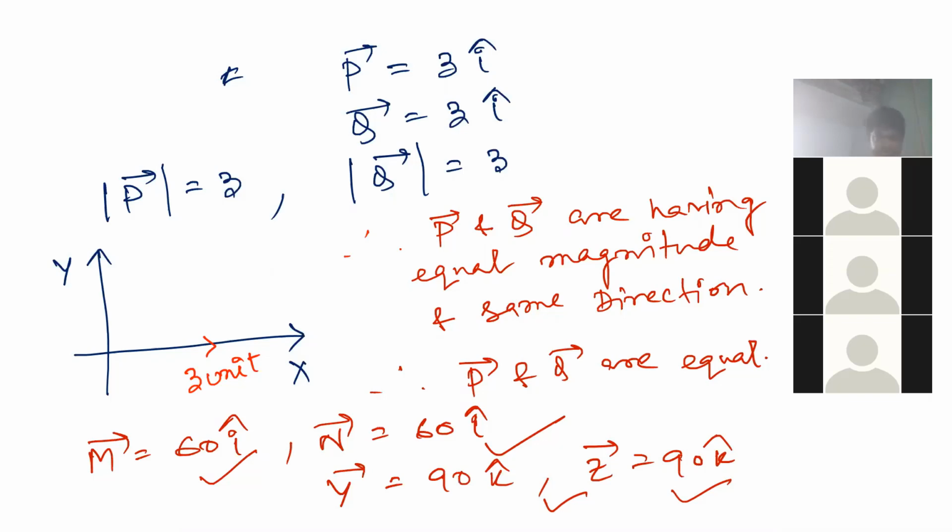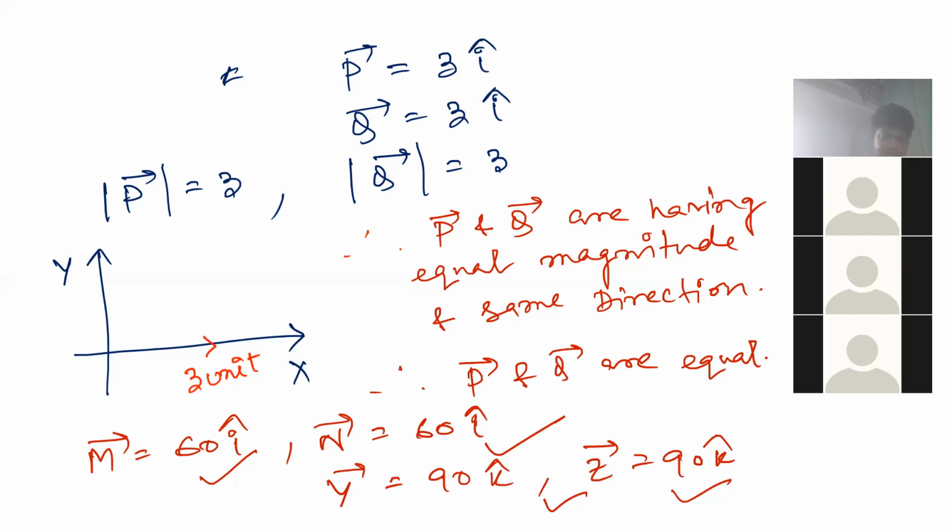Now we are moving to the next concept. I have already told you about the unit vectors, so I'm not repeating that portion, because you know what the unit vectors are: i cap, j cap and k cap.